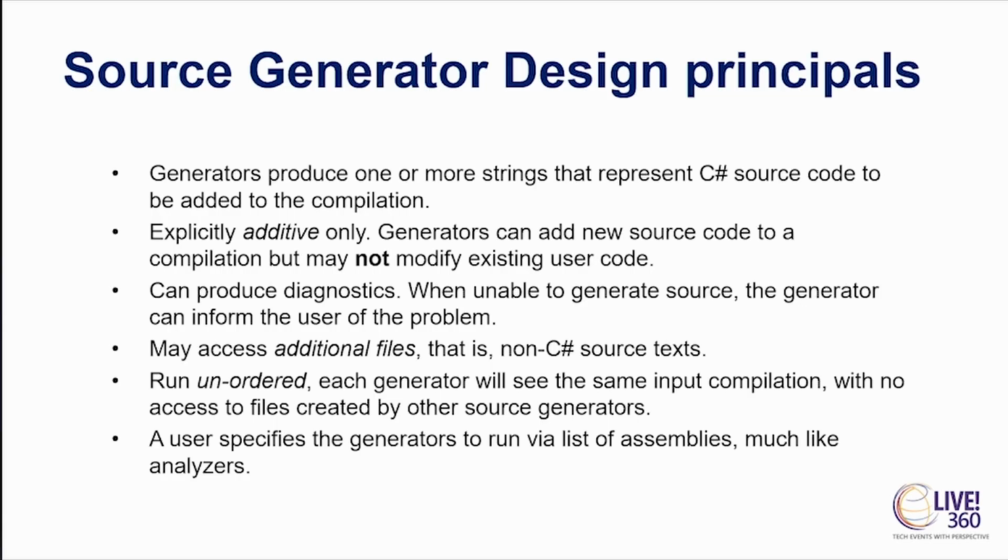Which made things like being able to do INotifyPropertyChanged with auto props a little bit of a challenge, because with auto properties, you can't extend an auto property. So how do I then add things to that auto property in code gen, now that notify property changed event handler, without being able to extend that?